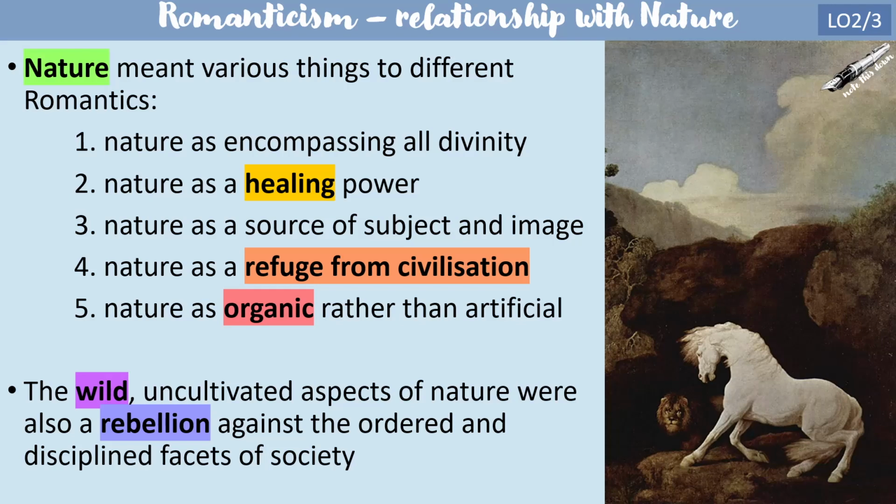Nature is also seen as organic rather than artificial. So one thing that we see in gardens around the time, as an example, is people would let their gardens grow over more, and the Romantics celebrated the idea that nature is living and healing, and it doesn't need to be ordered and controlled and cut back like the Enlightenment style gardens.